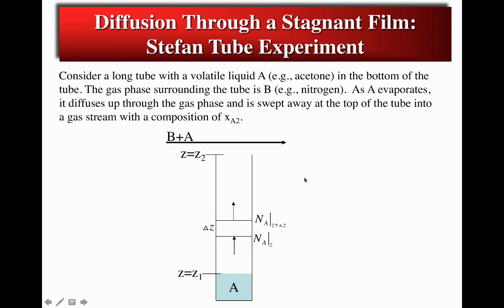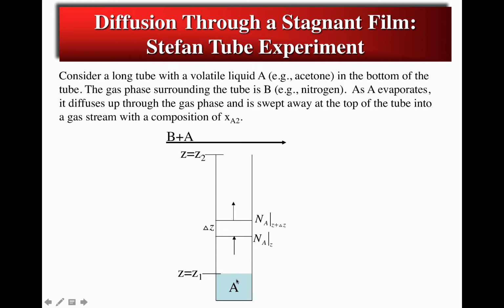What you can imagine doing is, for example, taking a graduated cylinder with an amount of a liquid, for example, acetone, in it and exposing it to air or nitrogen, for example, blowing nitrogen across the top of that device, and then having the graduated cylinder sitting, for example, on a laboratory balance and just recording the weight of that graduated cylinder with compound A in it as a function of time.